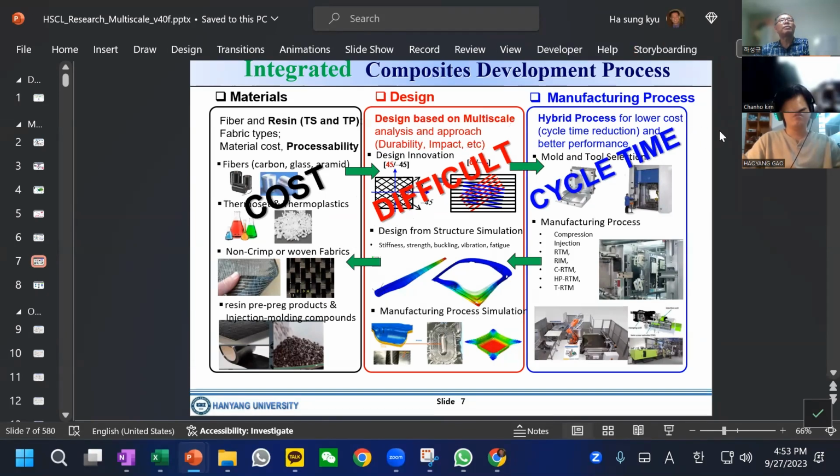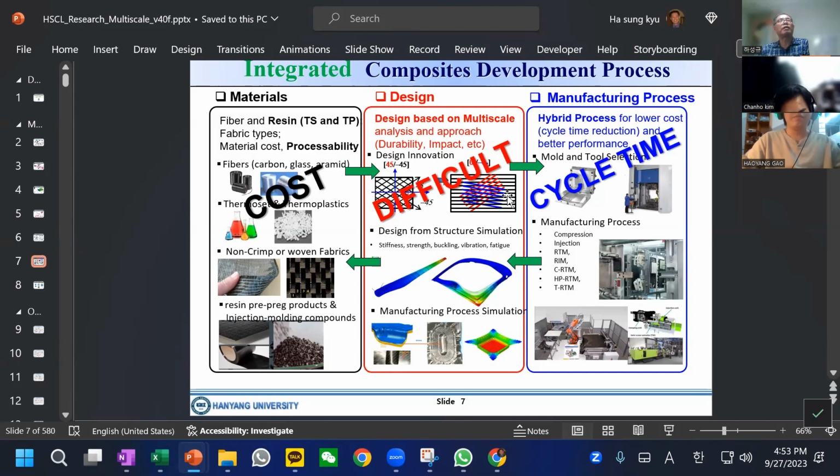And at the same time, for the cycle time and manufacturing process, we need to understand manufacturing processes, such as compression molding, injection, resin transfer molding, RIM, RTM, filament winding, and many different processes, even tape layering and robots. We need to understand the manufacturing process.